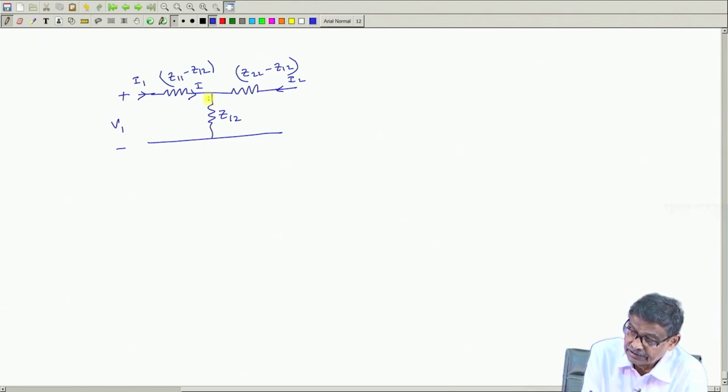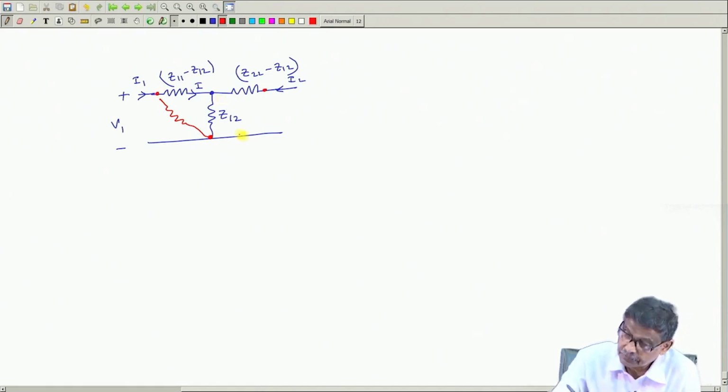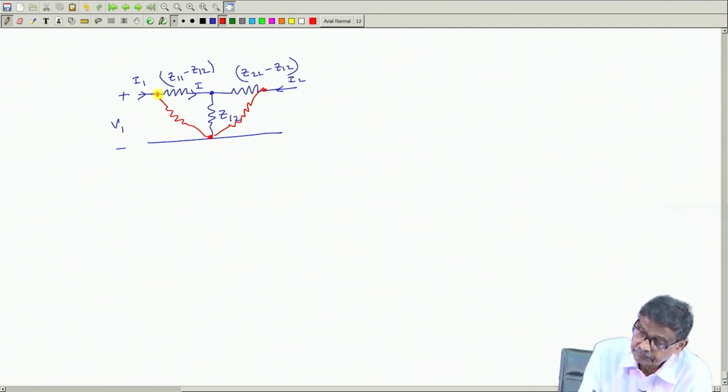Now, what I am telling is, these three impedances are connected in star. Therefore, I can replace this by some equivalent delta. These are the three points about which I can do the star delta transformation, and I will put it like this, and erase the blue terms.